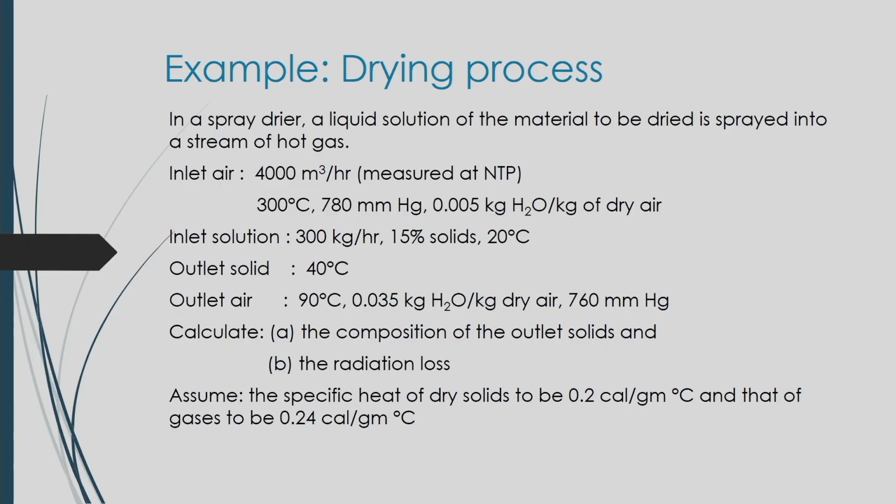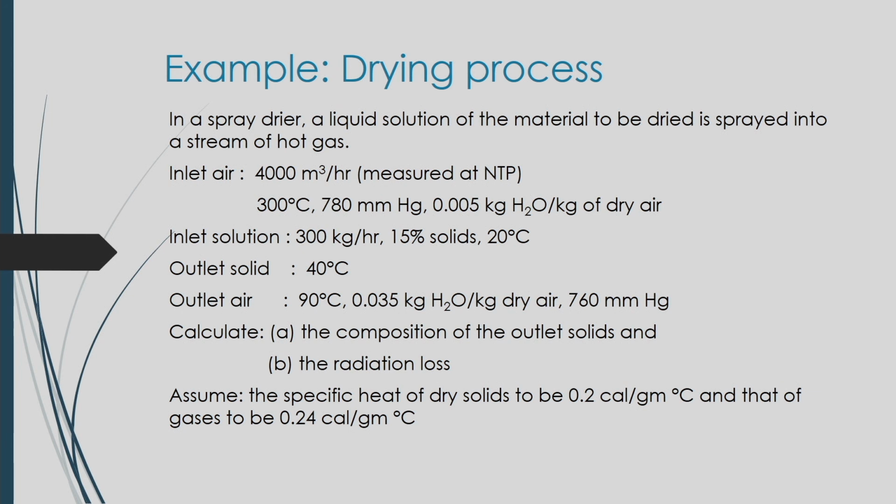Now, let us do another example for solving the energy balance for processes based on that energy balance equation. Let us do the example for a drying process. Now, the problem is that in a spray dryer, a liquid solution of the material to be dried is sprayed into a stream of hot gas.